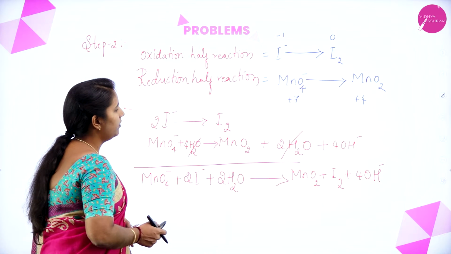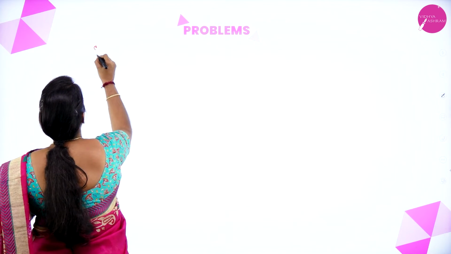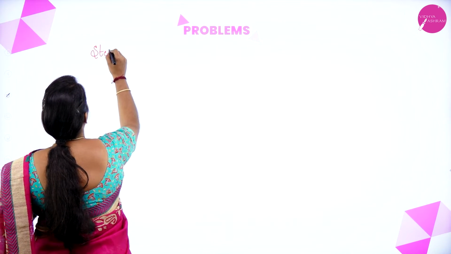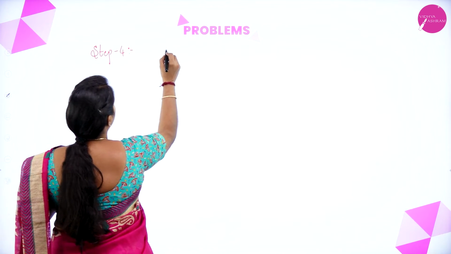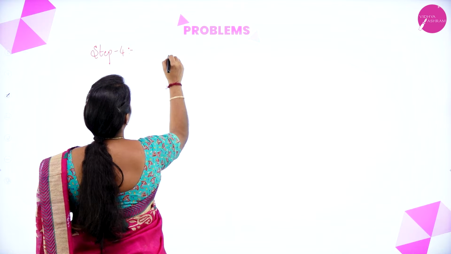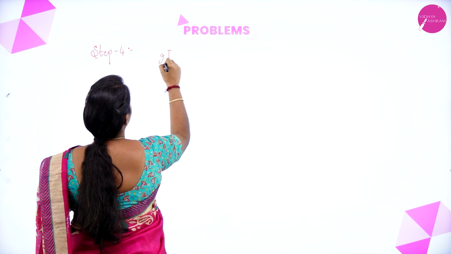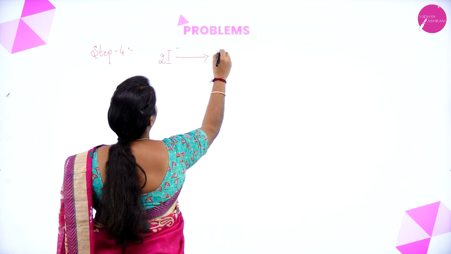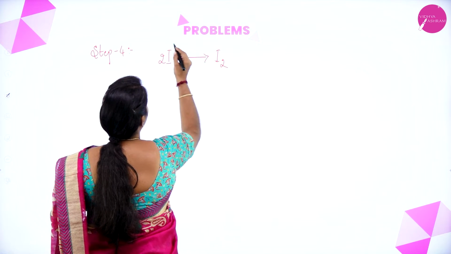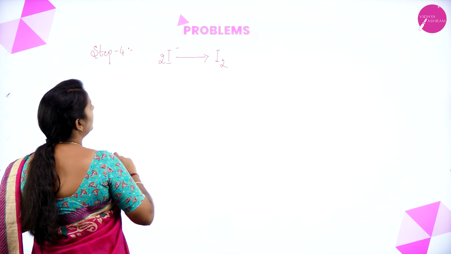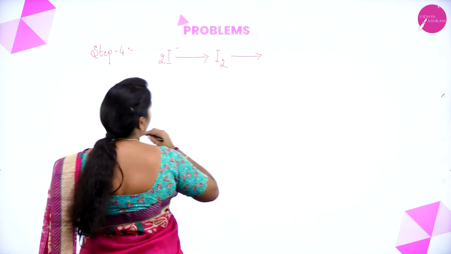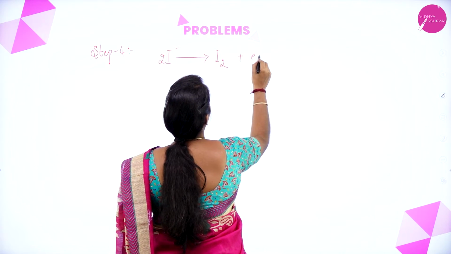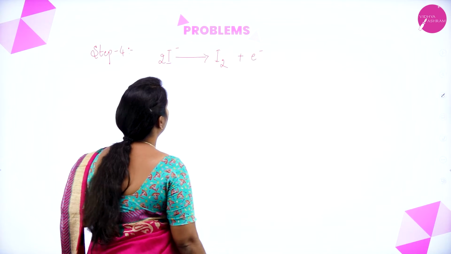Okay. In the fourth step, step 4, we know that I- gives rise to I2. Is it right? So how many electrons are involved here? Only 1 electron is involved. Is it right? So I can write that only 1 electron is involved.